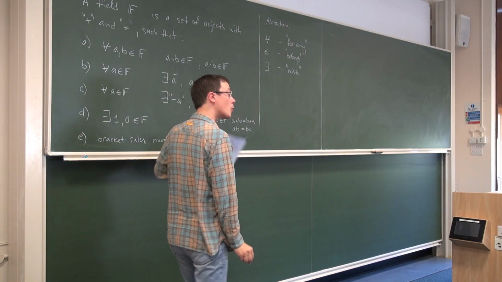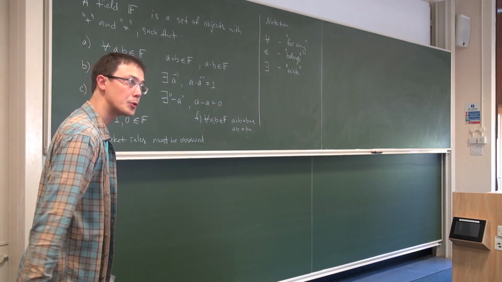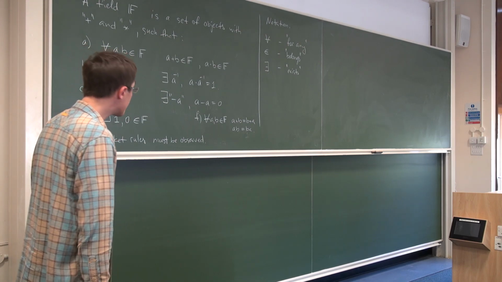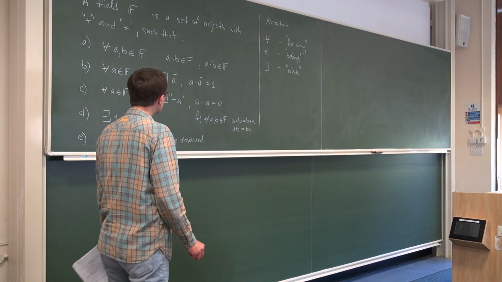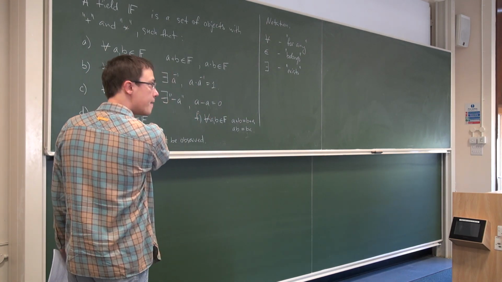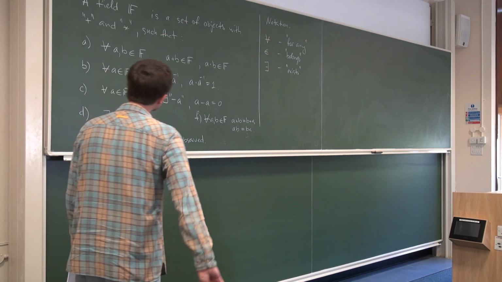So the order of the operations should be obviously observed for the numbers that we usually see, but not observed for rotations. Not necessarily commute. And so that is a definition of a number in mathematics.